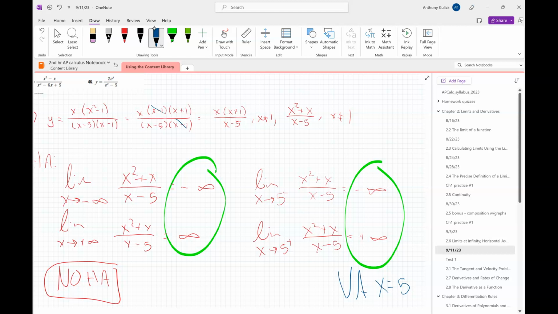And my suspicion would be, if this was an AP question, it'd be 1 point for x equals 5, 1 point for using the limit to verify that, the definition of vertical asymptote. Like it'd be 2 points attached to that. And just stating it is fantastic. That's probably 1 point.